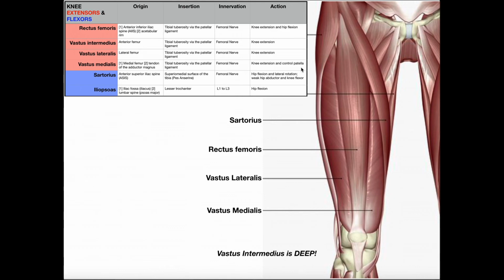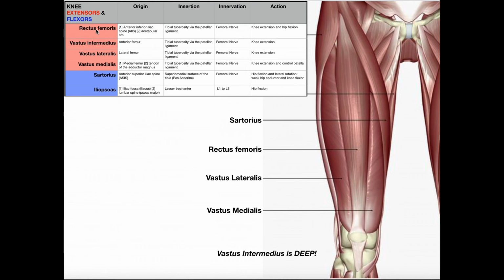All right? Now, the muscle out of these four that's the most different, and I think anyone would argue this, is the rectus femoris. It's mainly different because it has a completely different function in the hip. None of these other three do, and that has to do with the fact that the origin of the rectus femoris is not on the femur. I repeat, these other three, the vastus muscles, they all originate on the femur.